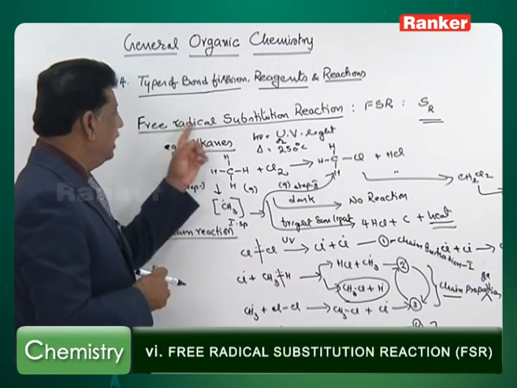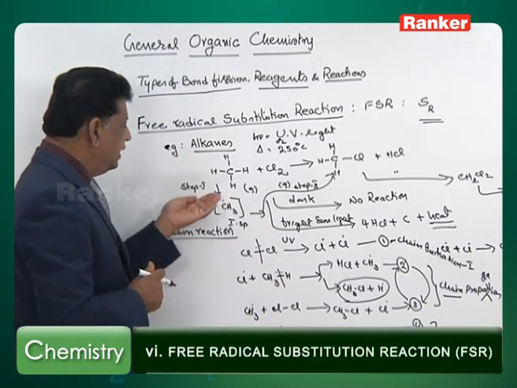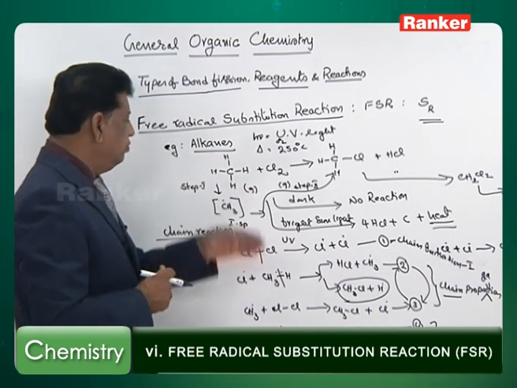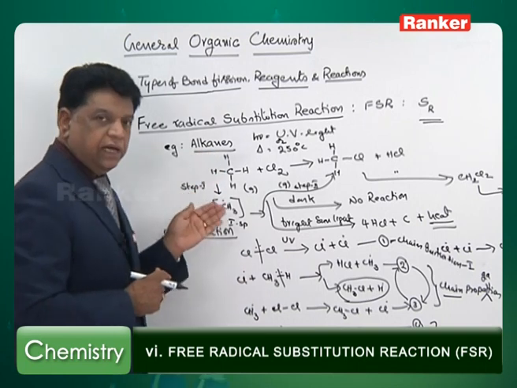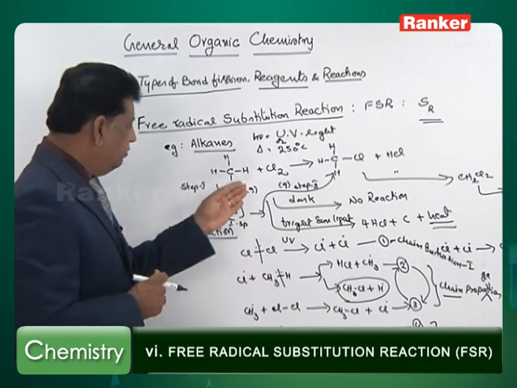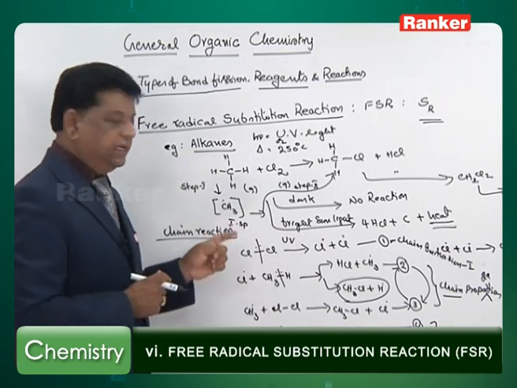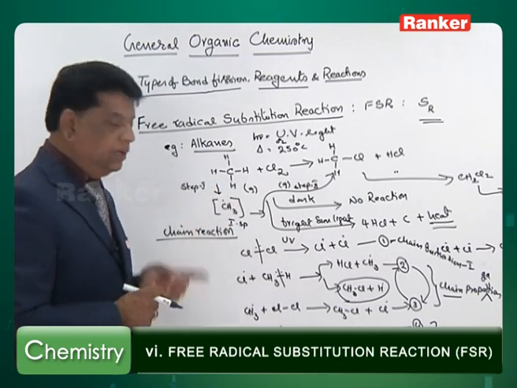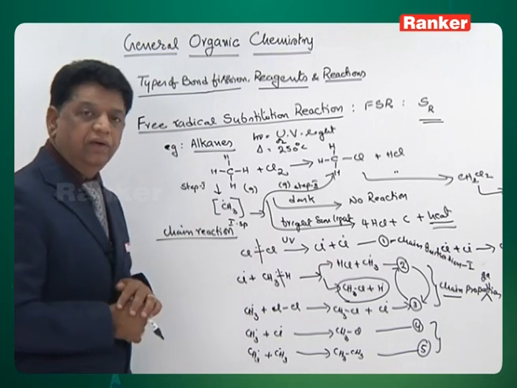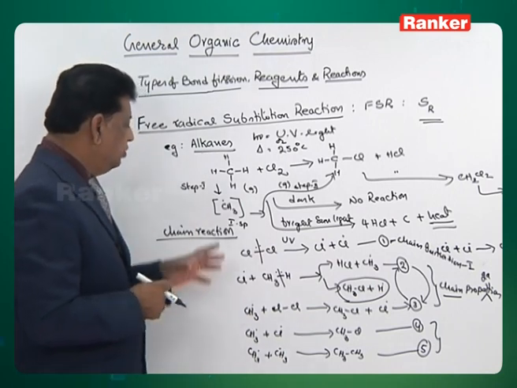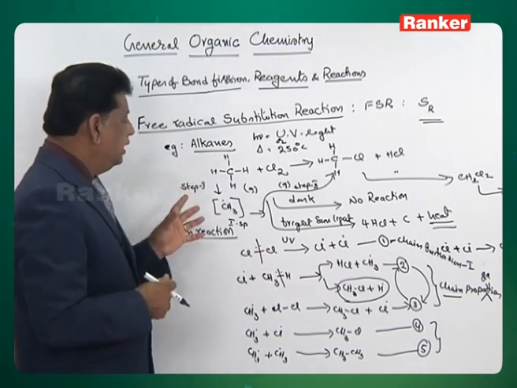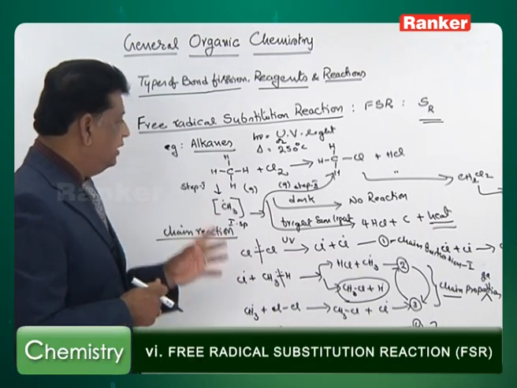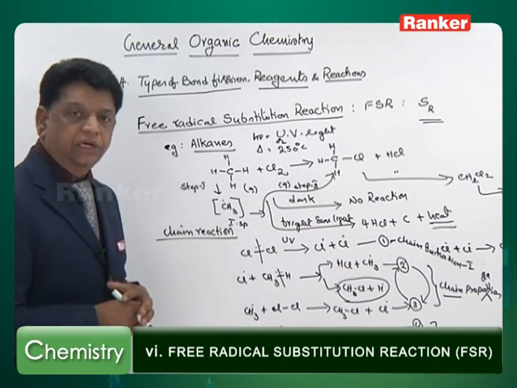And why only free radicals? Why will electrophiles not enter? Alkanes are neutral, so electrophiles and nucleophiles, that is acids and bases, have no chance of attacking alkanes. Alkanes are neutral, so the reagent also must be neutral. A free radical is the neutral reagent. So only the neutral attacking species, the free radicals, will have a chance to attack.